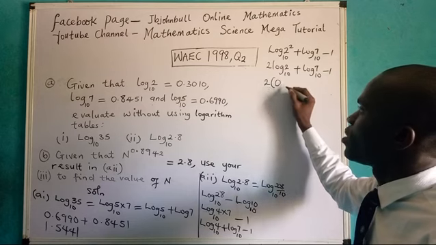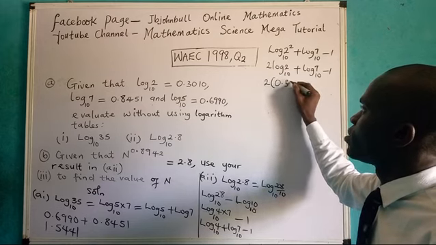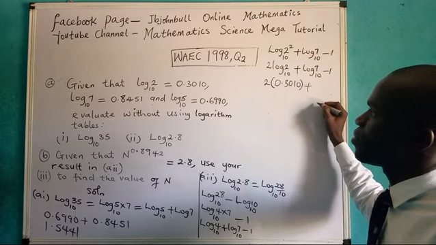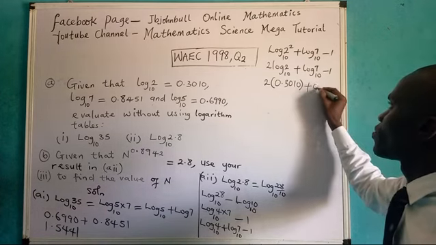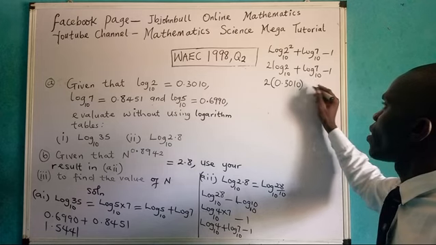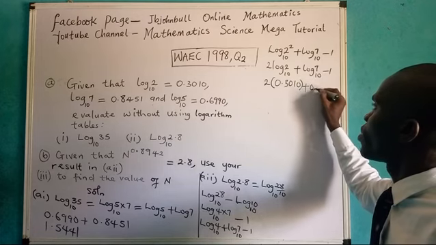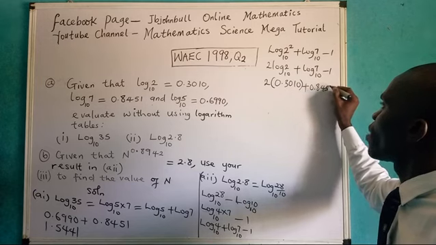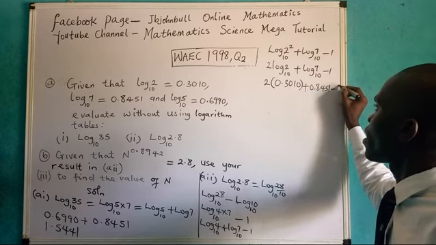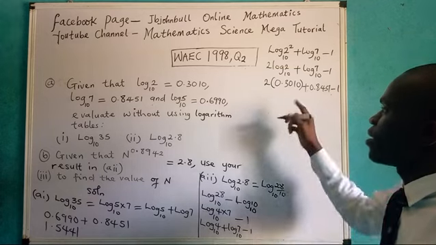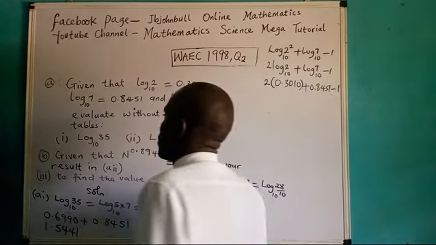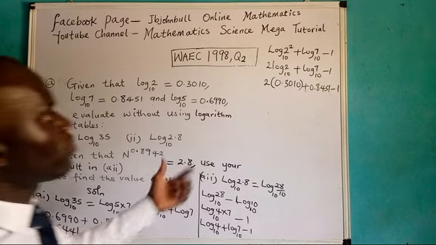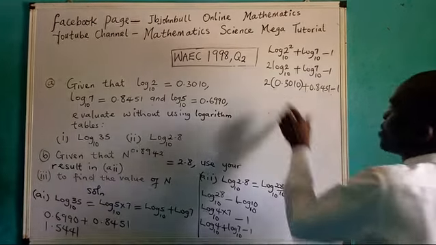Log 2 will be 0.3010, plus log 7 will give us 0.8451. Remember, we still have minus 1. Okay, we can apply BODMAS. Using the concept of BODMAS, you know, in BODMAS, bracket comes first.